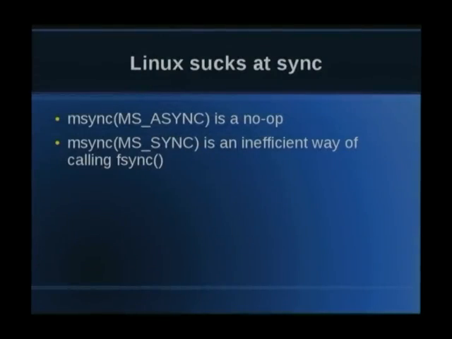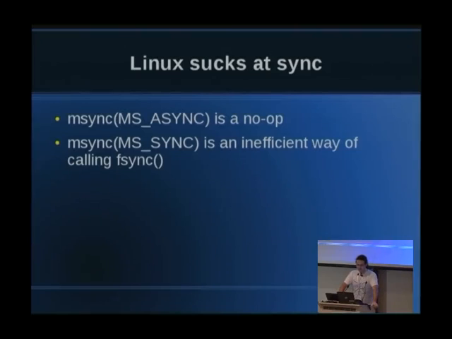Yeah. So anyway, the other option you can do is a synchronous sync, MS_SYNC. What that does is it looks for all the files that are covered by the range you pass to msync. You give it a start and a length, and you say sync everything in this range.